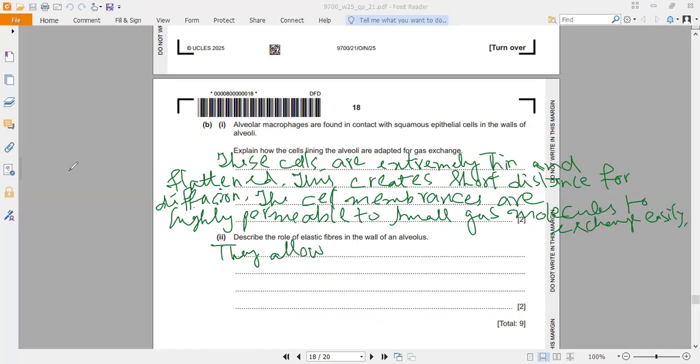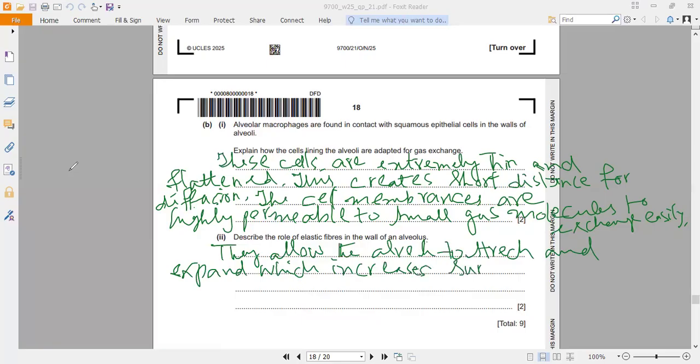You must know the characteristics of these types of fibers.